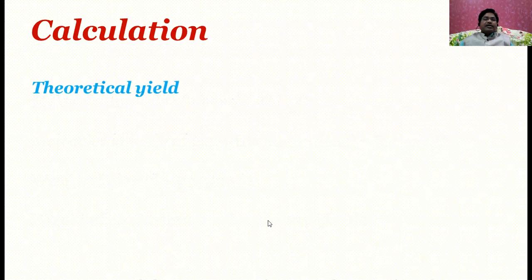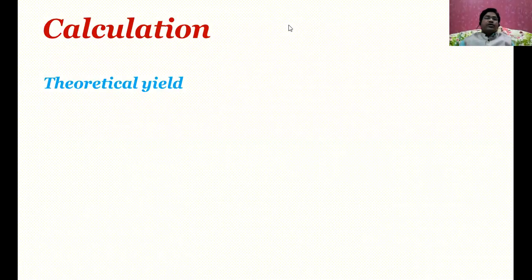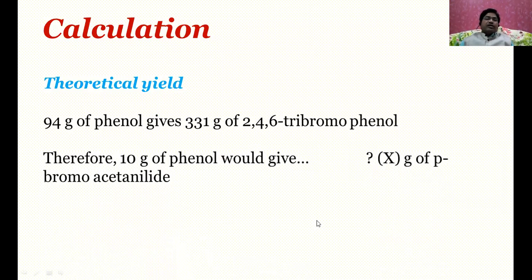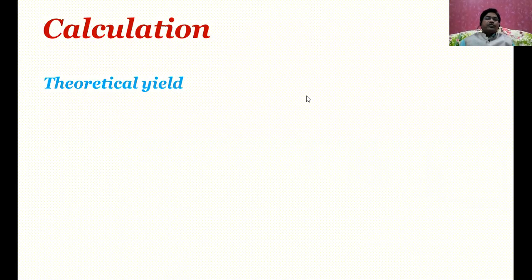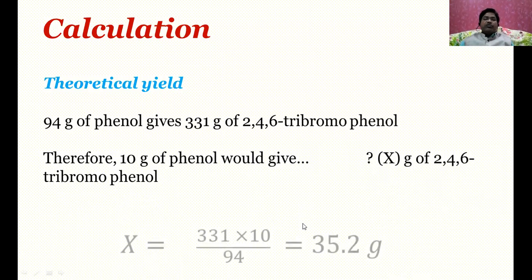Then what is the theoretical yield? If 94 grams of phenol gives 331 grams of 2,4,6 tribromophenol, then if we use 10 grams of phenol, how much will it give?